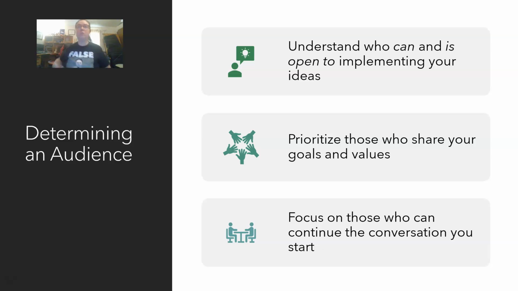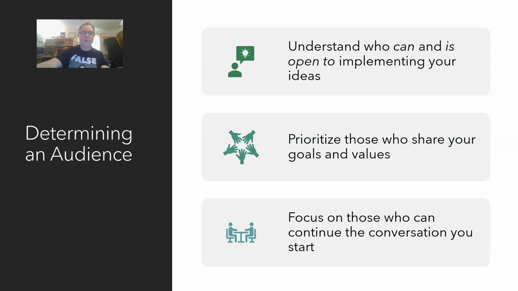All right, so sometimes we run into a situation where we have a couple or a few primary audiences that could be ideal for the change that we want to implement or the change that we are arguing for. So there are a few things we want to consider when determining our audience.